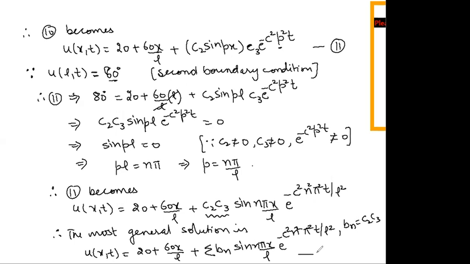Mark this equation as 12th. Now the last constant to be found is Bn.